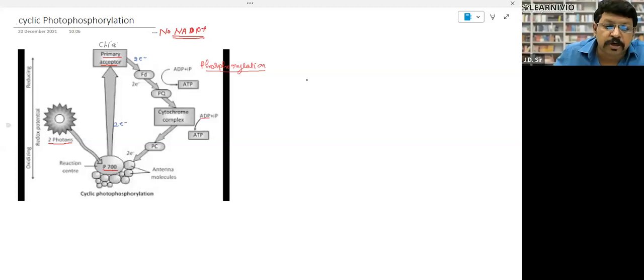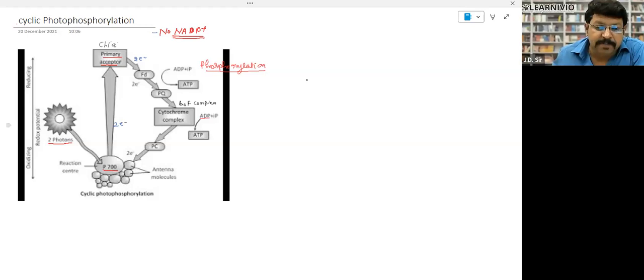When the electron goes from ferredoxin to plastocyanin, formation of ATP will take place, means energy will be generated, right? From plastocyanin, it will go to the cytochrome b6f complex, right? Then again ATP formation, means energy generation, will take place.